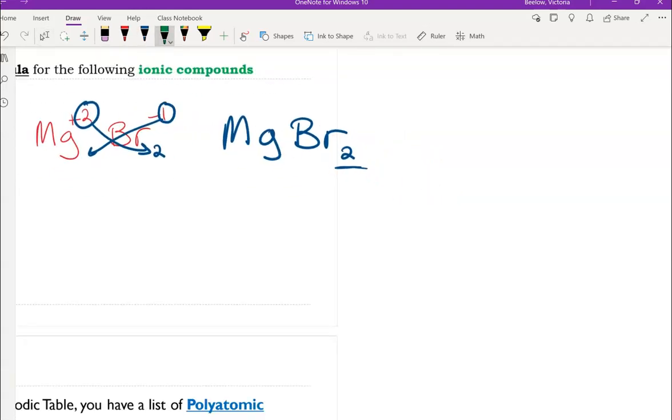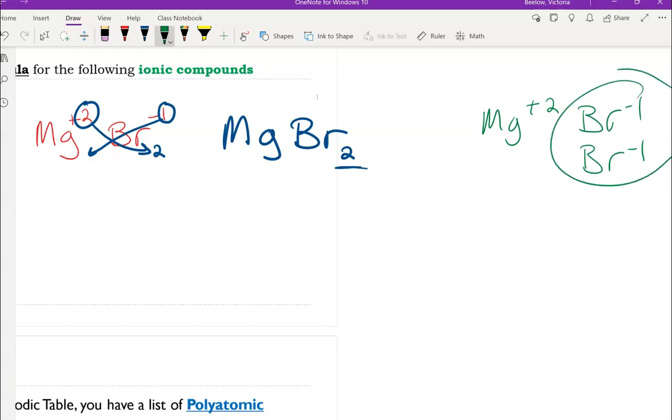Now, that's a shortcut method. As far as the why behind this, we want this overall compound to have a charge of 0. So if you have Mg, magnesium, and that has a charge of +2, you would need two bromines to balance out the +2 charge.